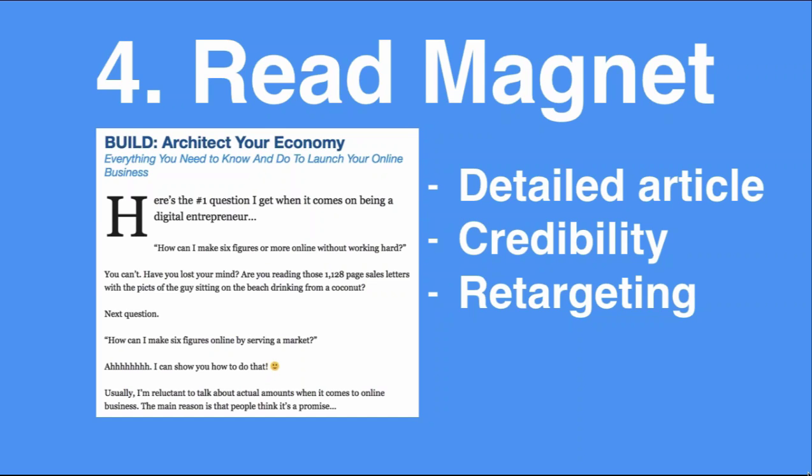Now, the reason I said retargeting is important: if you're using Facebook ads, you need to make sure that you're using the Facebook pixel and creating a custom audience from that pixel, so that you know everybody who has come to this page or come to your website, so you can follow them around Facebook and they keep seeing your long article.